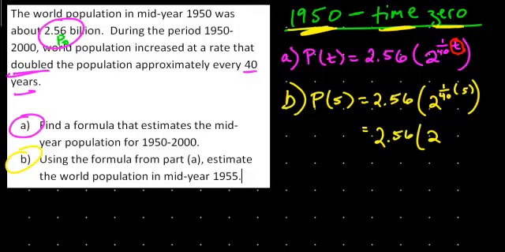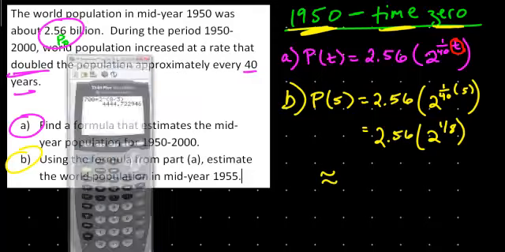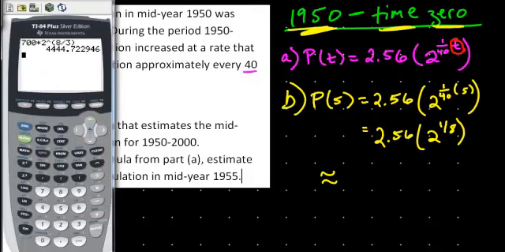So it's going to be 1/8. 2 to the 1/8. And we're going to get an approximate answer here. 2.56 times 2 raised to the 1/8.